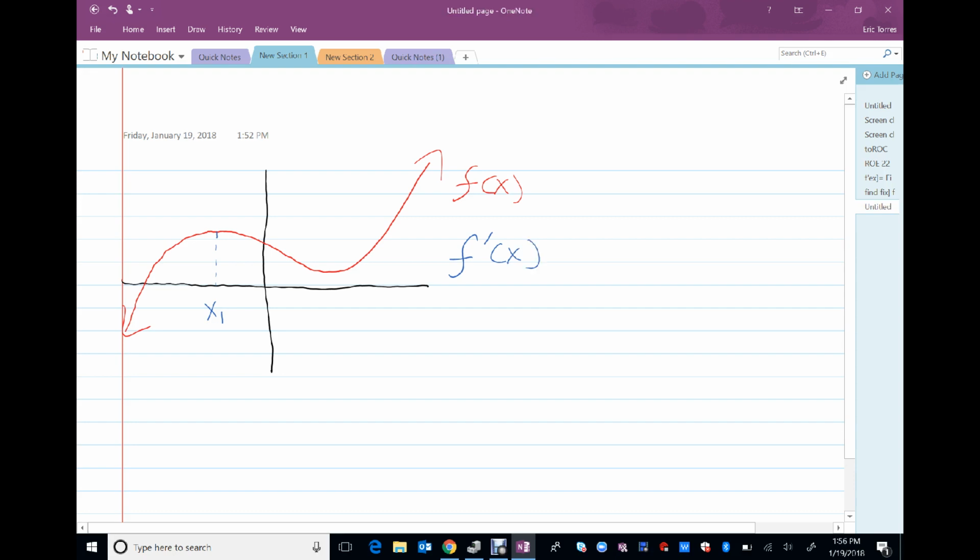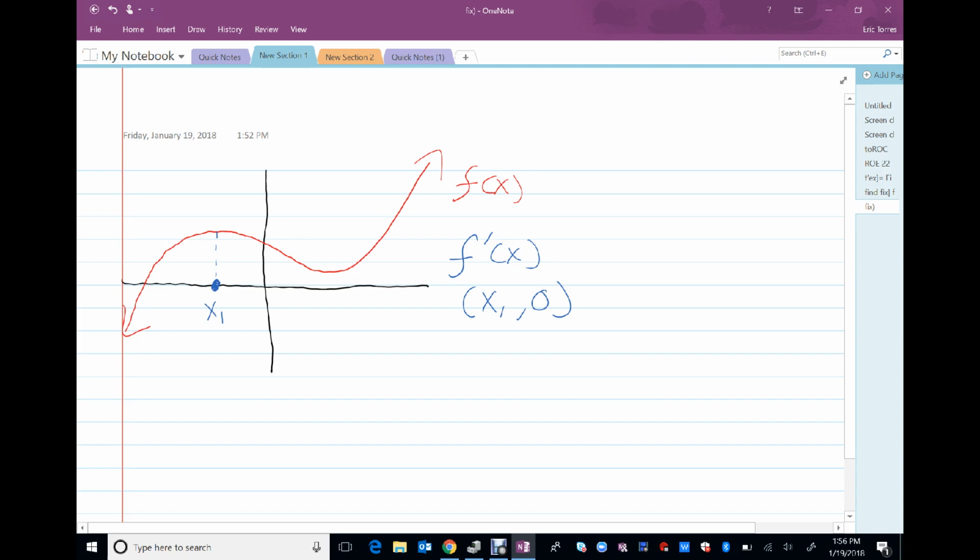So I've got an instantaneous rate of change here that is 0. So for that one x value, I will have a y value of 0. And I'll plot that point. There's the x value, there's the y value.